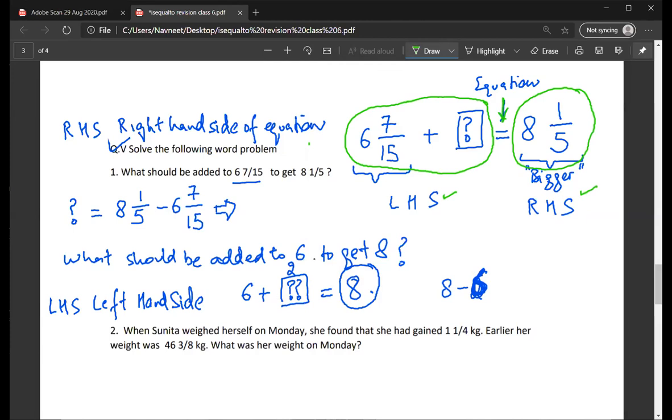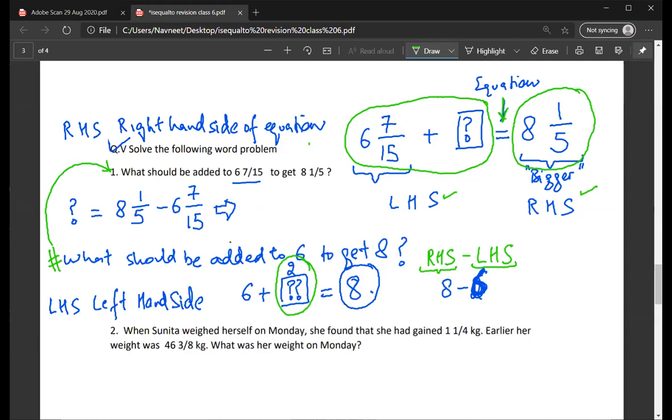Yes. So if I want to find this, what do I do? I subtract left hand side from right hand side. Satya, have you understood? Yes. So similarly, the logic which we applied in this question we can apply in this question also.